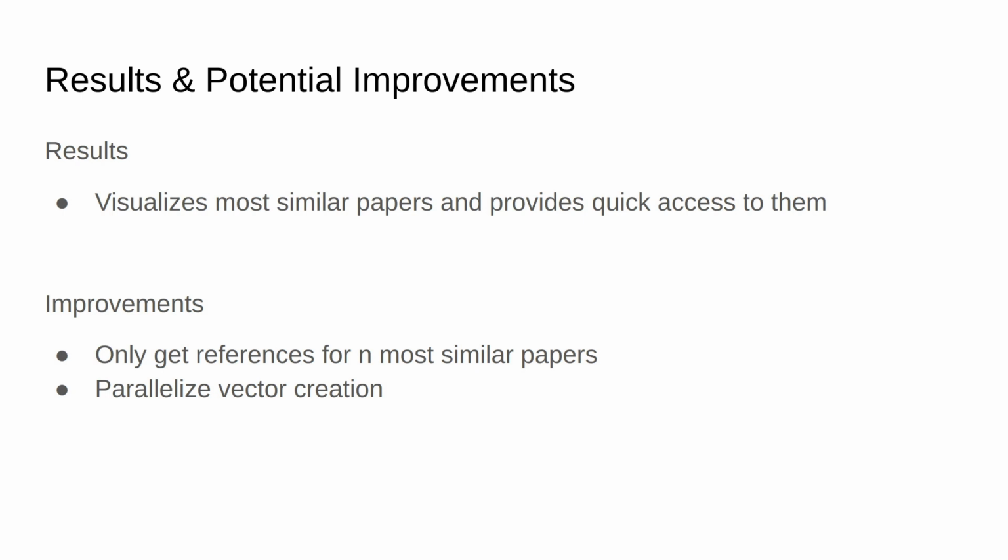That's one dramatic speed up that I could do. Another improvement would be parallelizing the vector creation. Right now I iterate, so for each paper in the list that it's given, it creates embeddings one at a time. I could parallelize that so that it creates embeddings for 5 to 10 papers at a time. I do have concerns with that approach. The embedding creation was fast on my machine, but I have an NVIDIA graphics card, which helps with the AI acceleration.